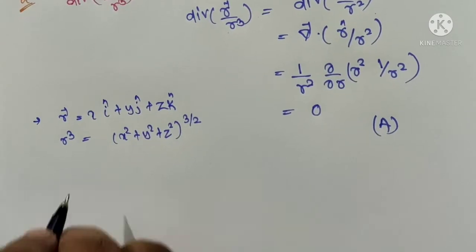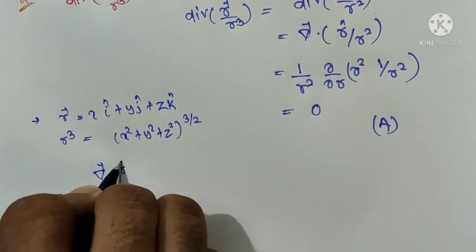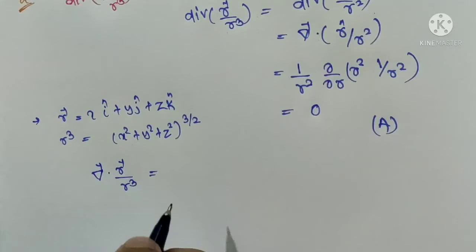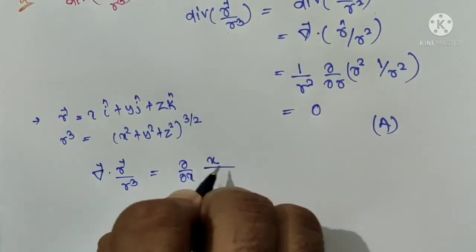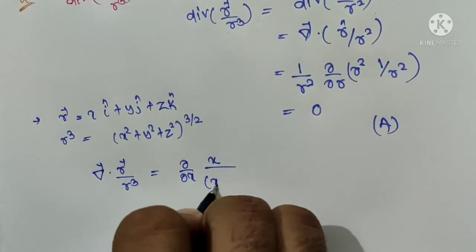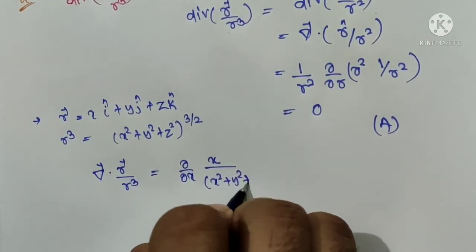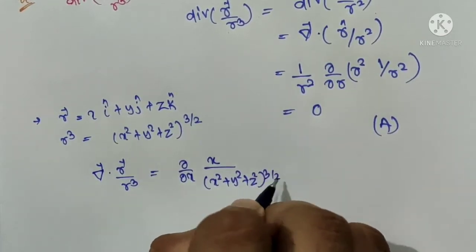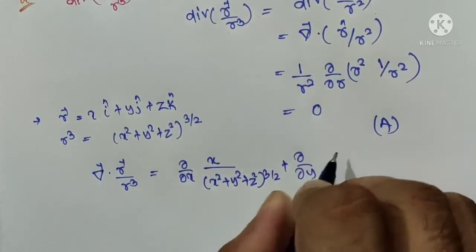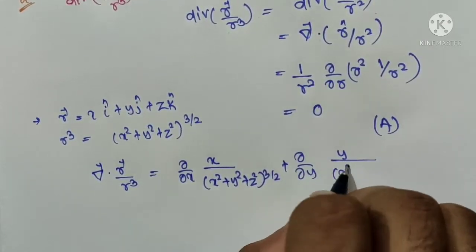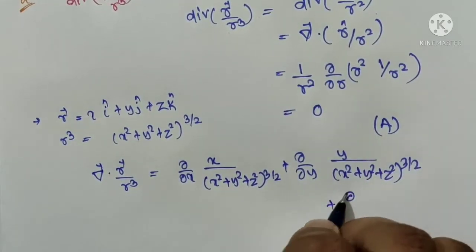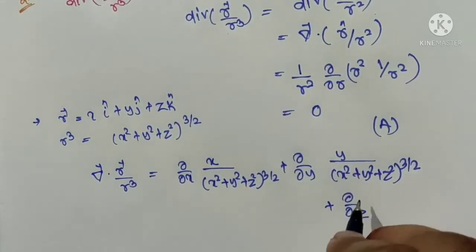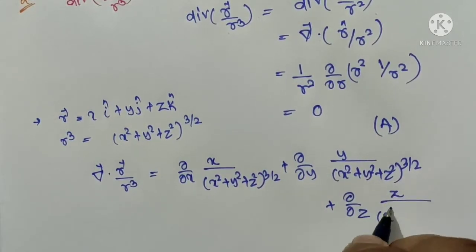Now div of r vector by r cube will be equals to del by del x of x by (x square plus y square plus z square) 3 by 2 plus del by del y of y by (x square plus y square plus z square) 3 by 2 plus del by del z of z by (x square plus y square plus z square) 3 by 2.